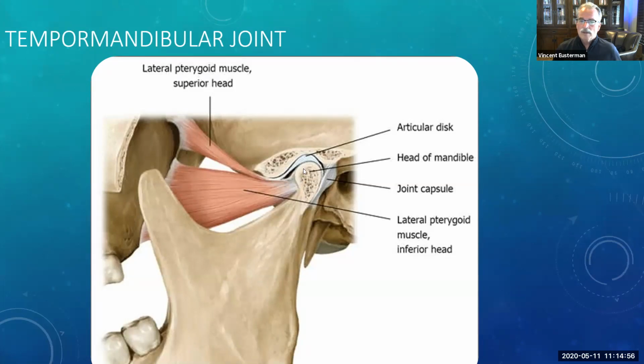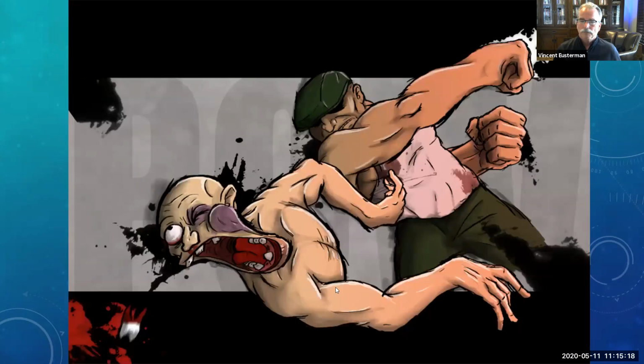It's important to note that tearing the retrodiscal tissues can pull the articular disc anteriorly, and relocation into that disc causes clicking in the jaw. So we have a diarthrodial joint here with two muscles attached in these two different spots.